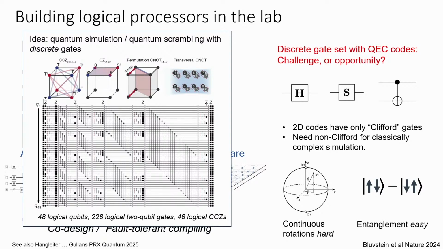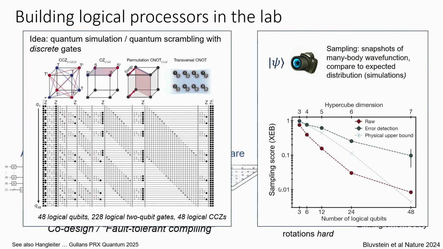It's just doing a particular type of quantum scrambling simulation that we could really efficiently implement with these codes. And here, for these particular measurements, we used error detection, which means post-selection. But with this post-selection, we were still able to do quite a bit better at sampling tasks with our error correcting, our logical qubit system, compared to what we were able to do with physical qubits for the same circuit.